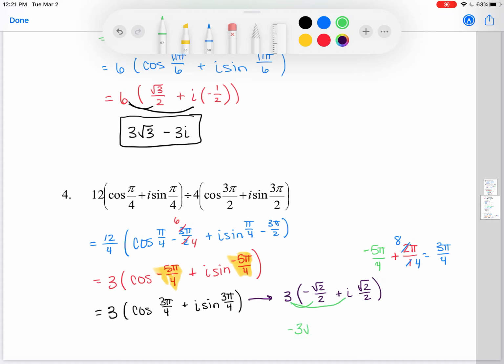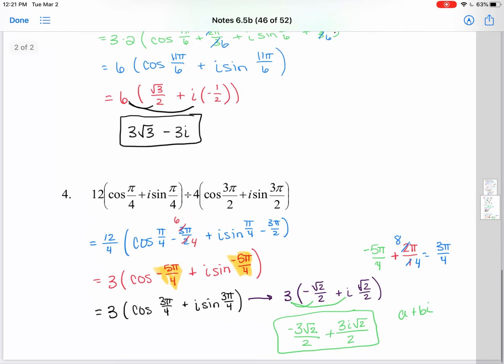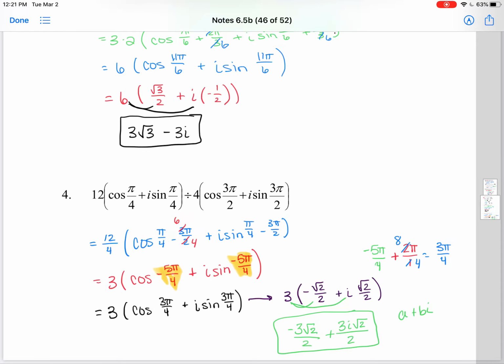And last but certainly not least, I will go in and distribute, leaving me with negative 3 root 2 all over 2 plus 3i root 2 all over 2. It is still in a plus bi order. It's still a complex number where I just have a lot more values with that square root and everything else, but it is still possible.